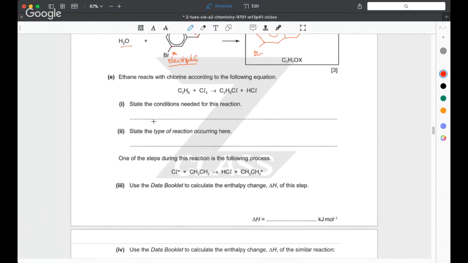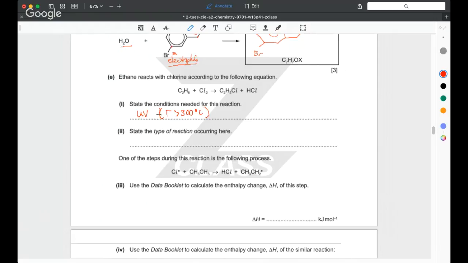But you know from your work on the halogenation of alkanes that you need ultraviolet light to start this reaction, or possibly you could have temperatures greater than 300 degrees Celsius.